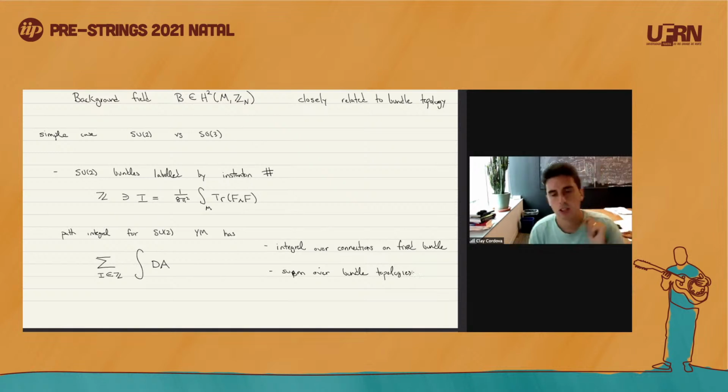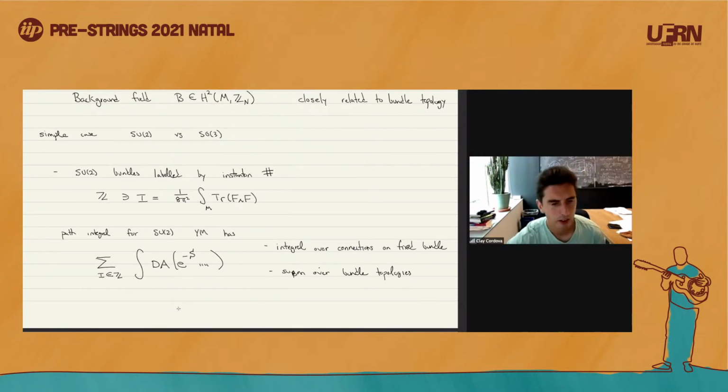So of course we have e to the minus S and whatever insertions are in here. But what I'm emphasizing to you is that the measure for SU(2) Yang-Mills has an integral over a certain continuous part, the connections on a fixed bundle, and a sum over a certain discrete part, which is the bundle topologies.